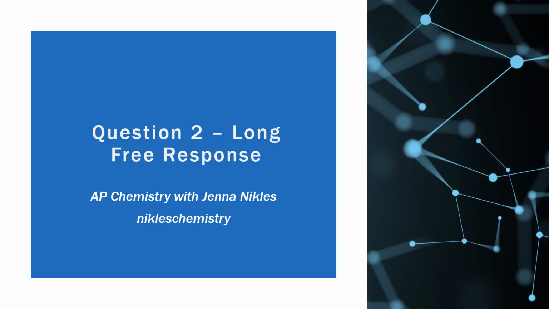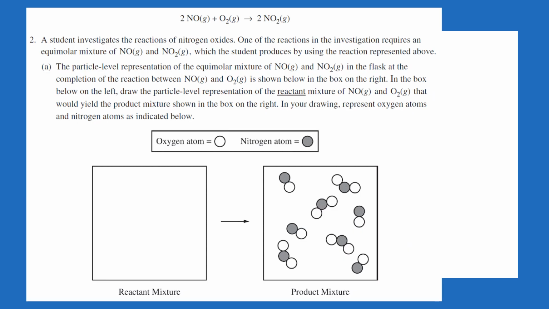So now let's look at question 2, the second long free response question. Okay, so we have a reaction here with a bunch of gases, and they give us the particle level representation at the completion of the reaction, so the products. And in the box on the left, they want you to draw the particle level representation of the reactant mixture.